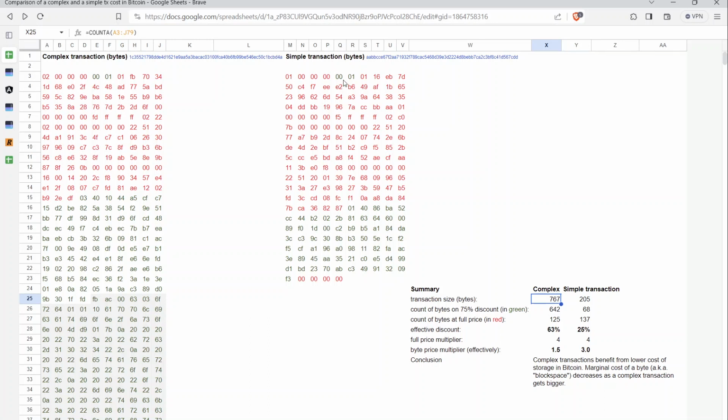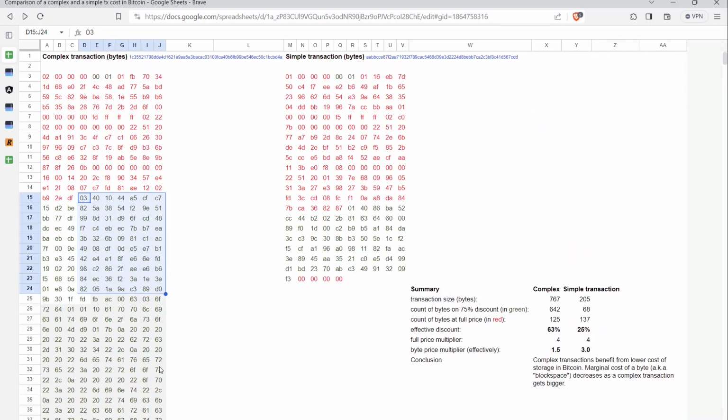So as you can see, in the simple transaction, there are not that many of them entitled to the discount. Most of the bytes are actually red, you have to pay the full price for each of the red bytes pushed to the network. While in the complex transaction, we have many more bytes which are treated differently, so they cost 75% less.